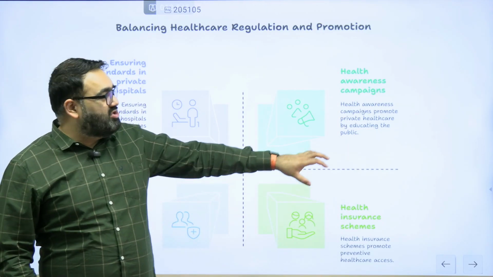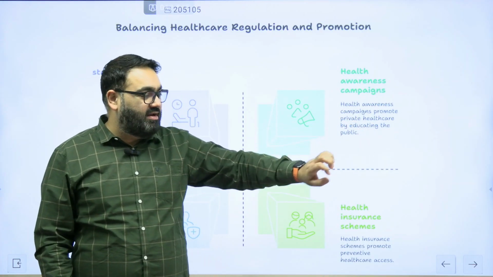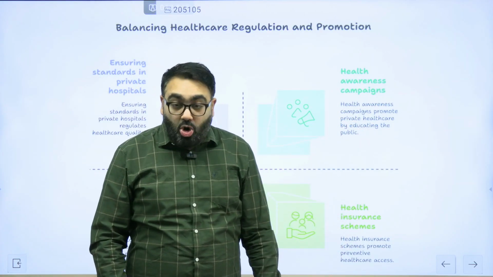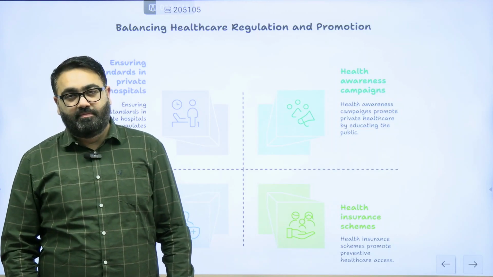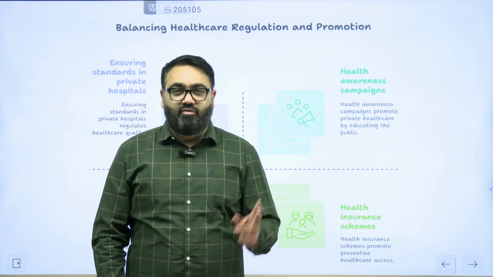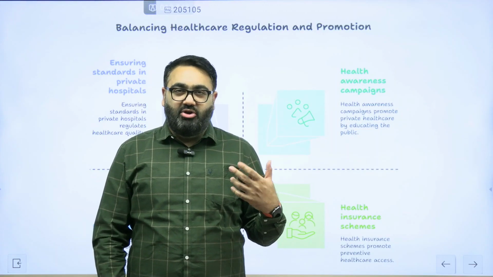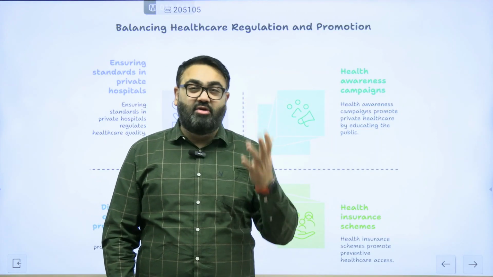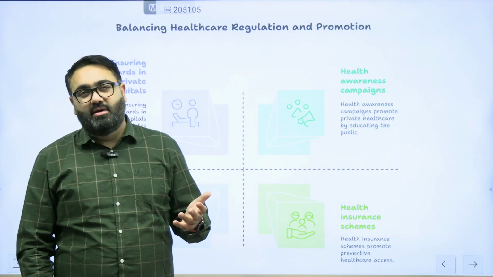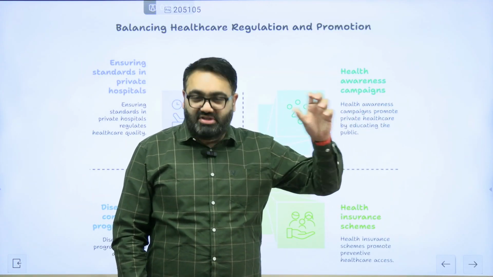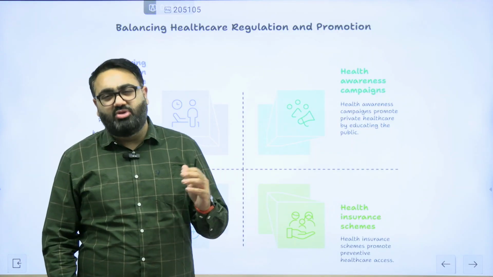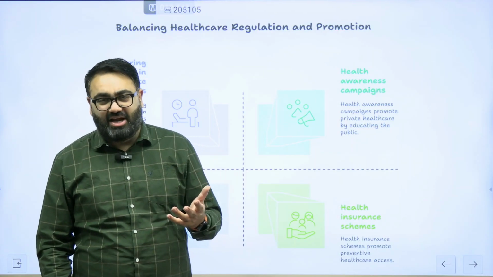The government focuses on health awareness campaigns. You would have seen in the past, for example, so many polio vaccination ads used to come on television. This famous slogan of 2 drops of life, that you have to get this so that you're polio free. Amitabh Bachchan used to do that ad. That's a part of government raising awareness. You would see the Prime Minister, for example, talking a lot about these kinds of things, ministers talking about these kinds of things.